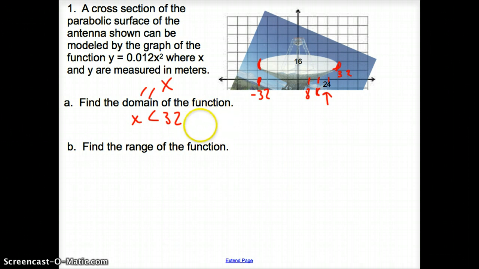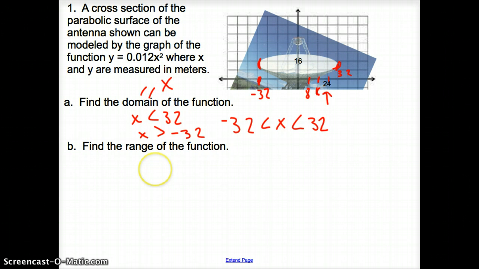So now that I know that, I have x is greater than -32. And if I want to write this as a compound inequality, I'm going to put -32 on the left with a less than sign, less than x, and x is less than 32. Now I have my x values.